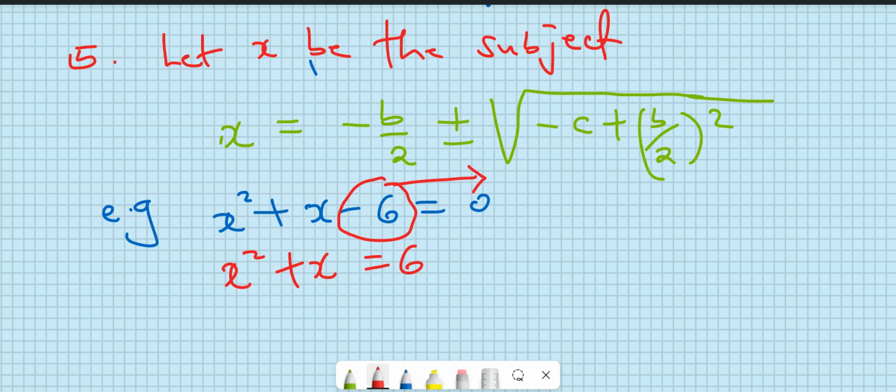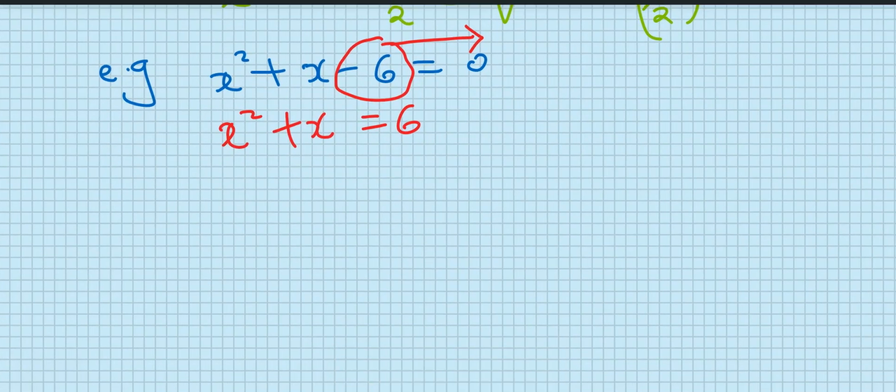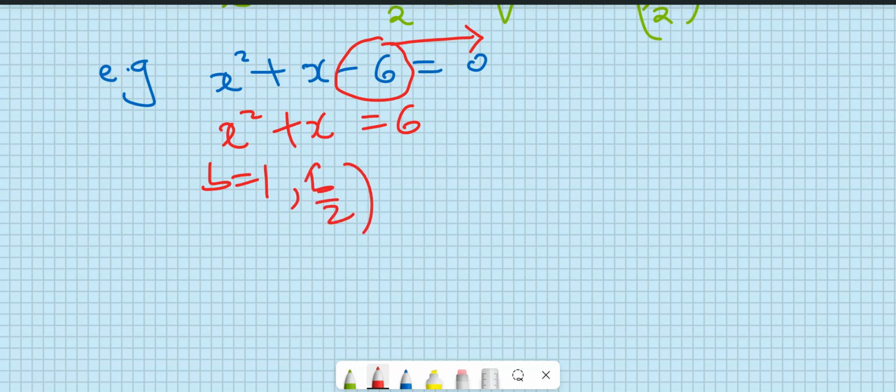Then the next step is what? What is our B? Our B is 1. Therefore b over 2 squared equals to 1 over 2 squared. Yeah.